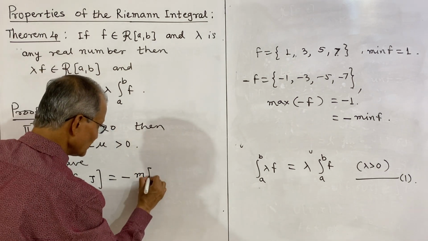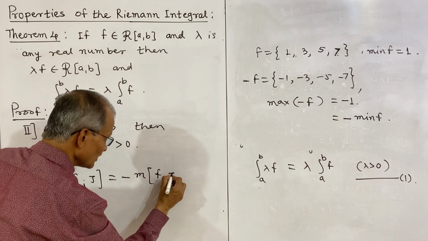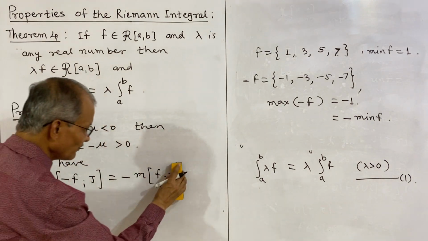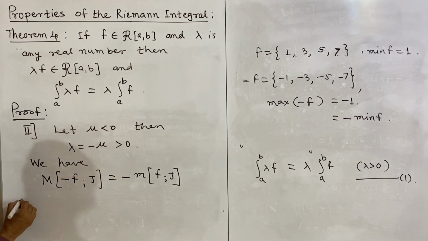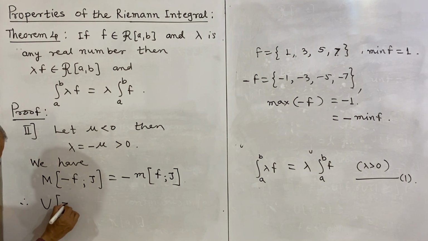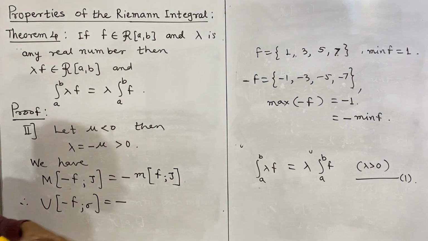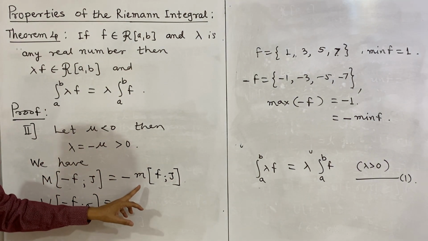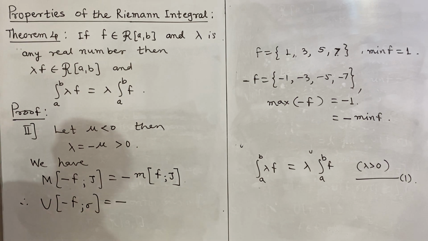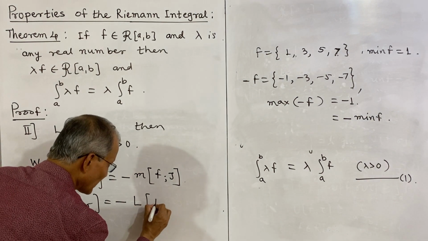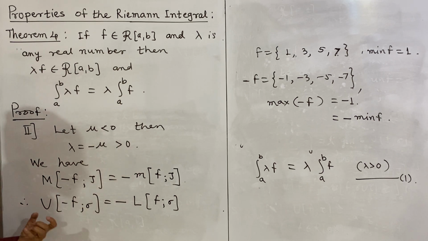The minimum value of this, because of the change in sign, is the minimum of f over the interval j, and therefore if you take the upper sum of minus f on any subdivision sigma, it will be minus small m, which means the lower sum we have defined in terms of the minimum value of the function, and therefore this will be L, the lower sum of f on sigma subdivision, and thus this is the relation that we have to note.